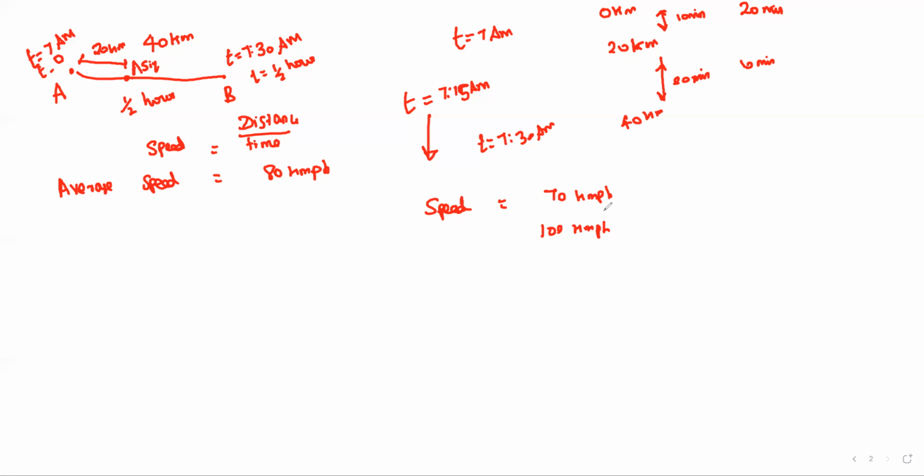We have to apply the mathematical calculation at exactly 7:15 a.m. We have to find distance by time at exactly 7:15 a.m. 7:15 a.m. means t is equal to just 15 minutes, or if you want to tell in hours, t is equal to 0.25 hours. When t is equal to 0.25, I want you to find the speed by using mathematics.